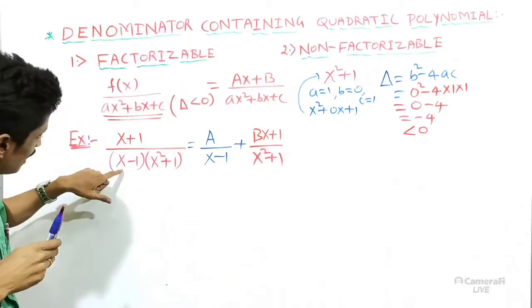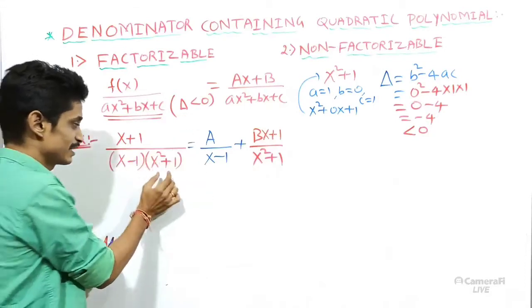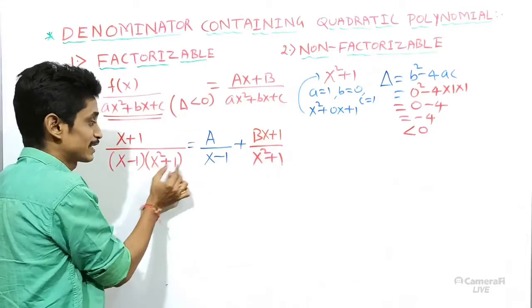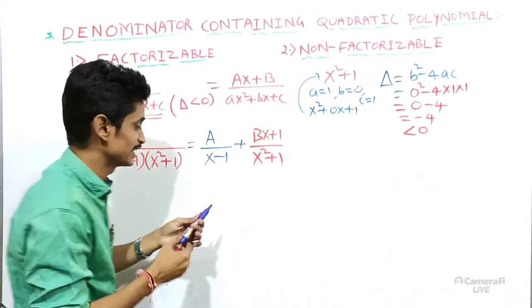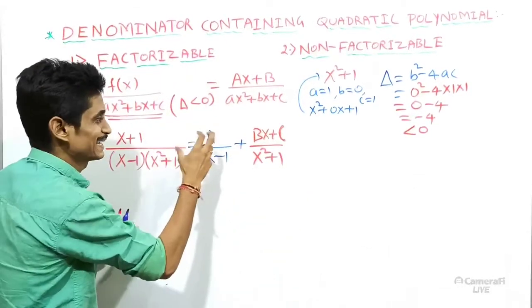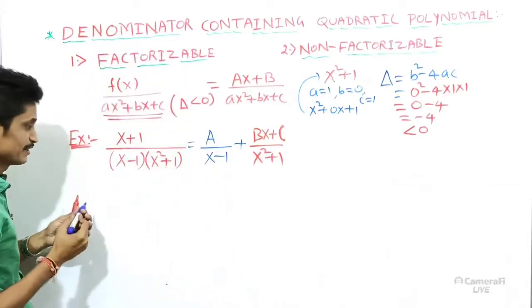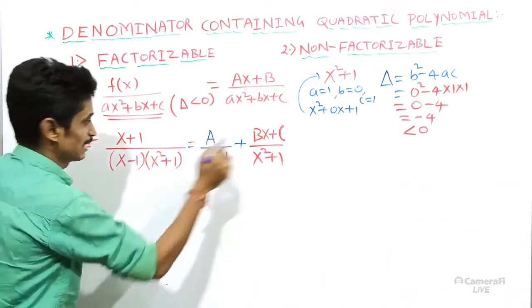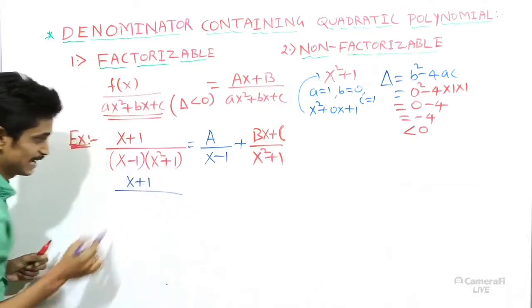Now the splitting is okay. You have a linear factor, you write a single term, that is constant a, and here you have a non-factorizable quadratic polynomial, that's why you write bx plus c. Then how do we get the values of a, b and c? That's why we take LCM on the RHS side. Before that, you should write the LHS as it is.